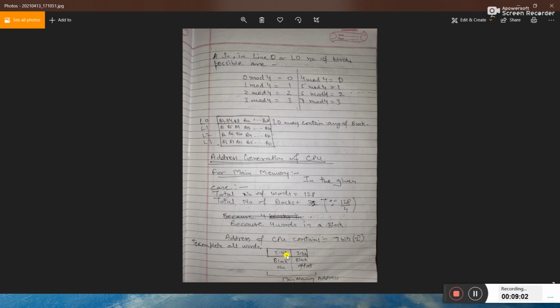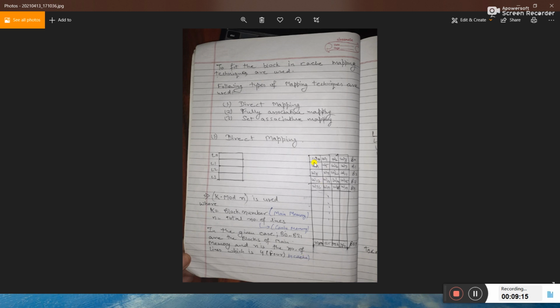With 5 bits I can access all these 32 blocks, and the other 2 bits are for the block offset, which is fixed. The block offset is 2 bits, since only 4 words are there: 00, 01, 10, 11. So that's how I can define my 4 words, and any word I can access.